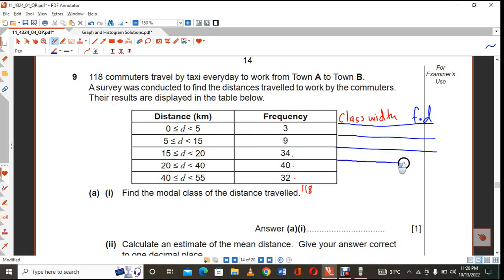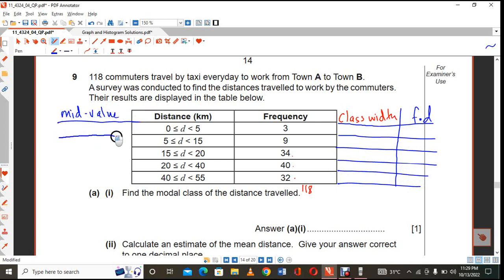I suggest you do the same thing in the exam. On the other side I am going to bring in another column called the mid-interval value, because remember, with this data you have to be a bit careful.